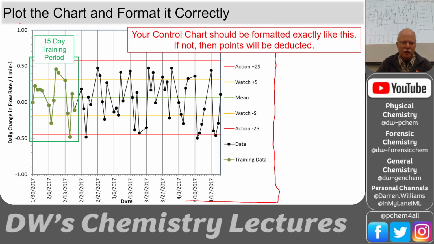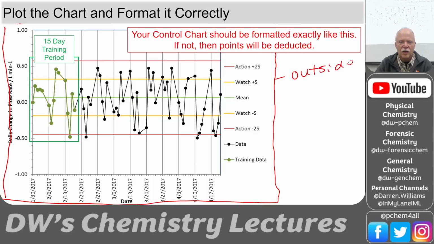So there'll be a box around the whole chart, and I will take off points for that. It says take off bounding box, okay? So this outside box, get rid of that. So cut that out, okay?